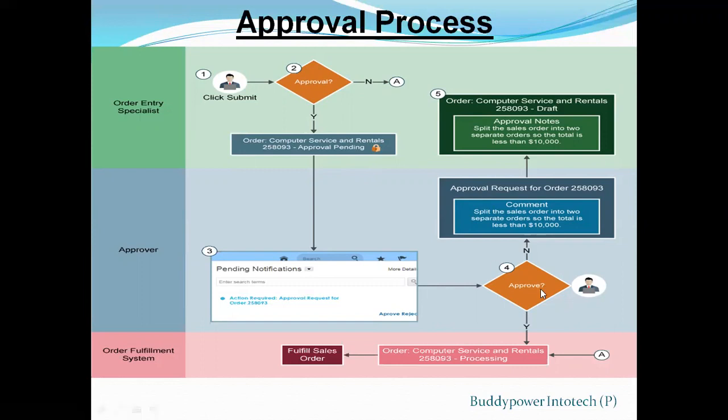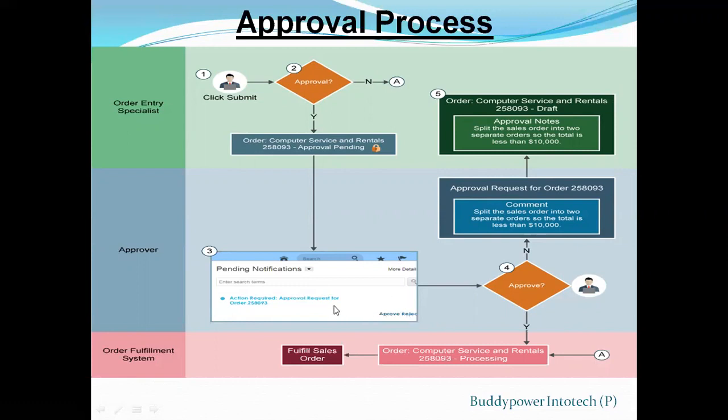Then order management adds a notification to the pending notification page that displays in the approver work area, which is the administrator's. On his page, this pending notification pops up saying that he has to approve this particular order, number 258093, because the amount is above $10,000. He can approve it or reject it depending on his decision.